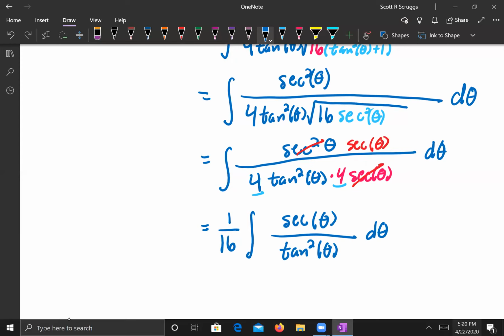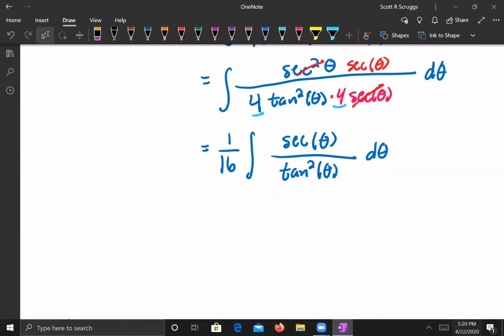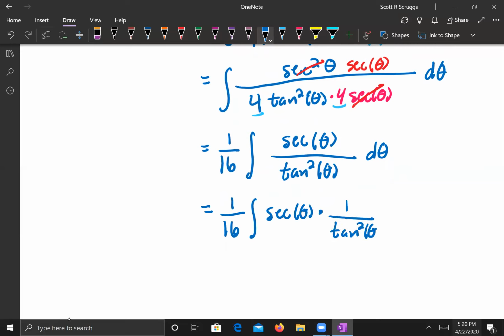So right now that still looks pretty ugly. Let's try to get this into a nicer form for us to work with. First, let's split up these two fractions so I can have secant of theta times 1 over tangent squared of theta, and then the d theta as well.